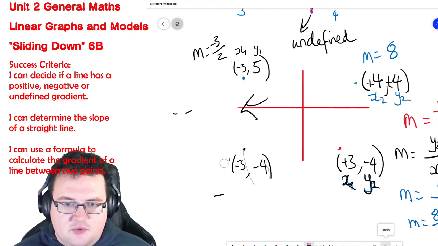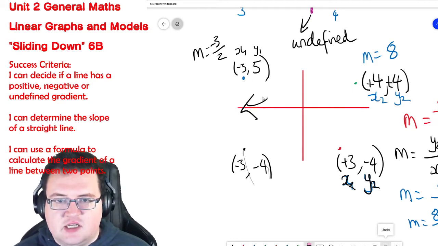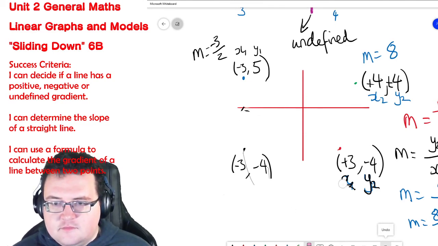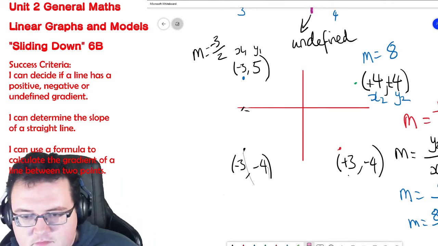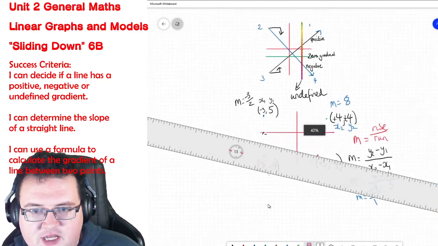These last two examples will demonstrate why some things are zero gradient and some things are undefined gradient. So first things first, let's do my zero gradient line.